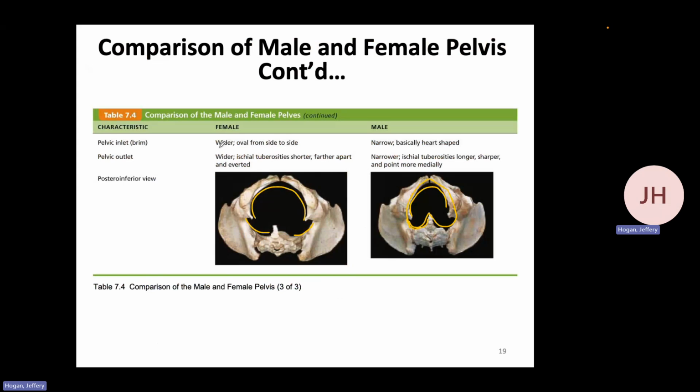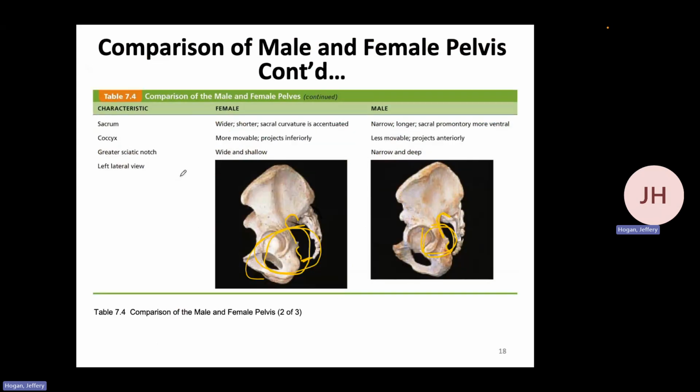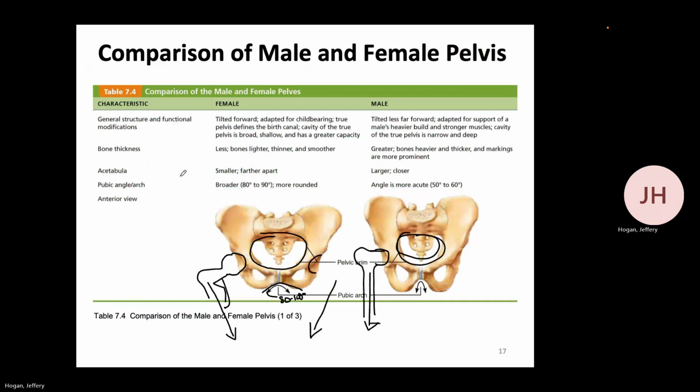What's wider? The pelvic inlet is wider in the female, narrower in the male. The pelvic outlet is wider in the female, narrower in the male, right? Be specific, right? Typically, I would say think about bone thickness, right? In the female, bones are lighter, thinner, and smoother.